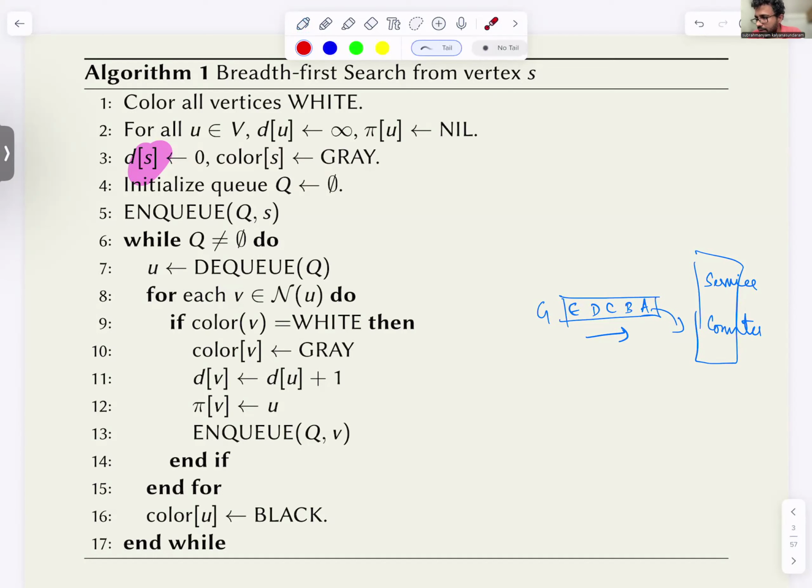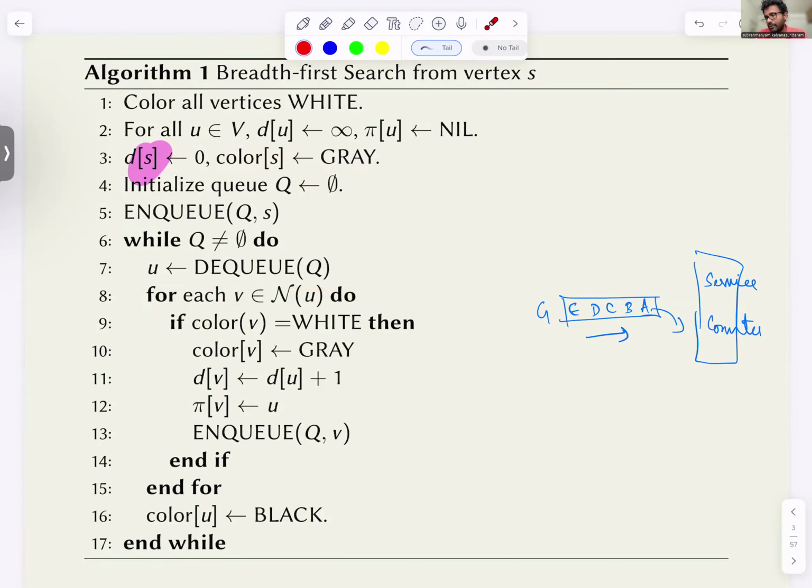This is something that is needed for breadth first search. We need a queue data structure. I will not explain how to maintain it, because this is not really a data structures class. I'll just talk about the algorithm, and there are different ways to implement queues.